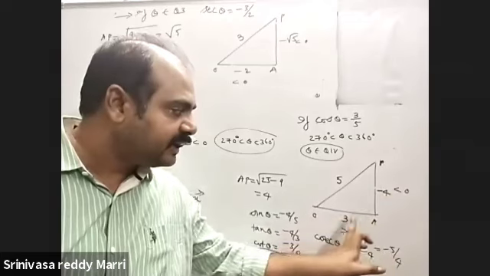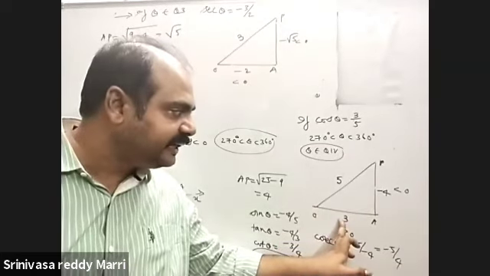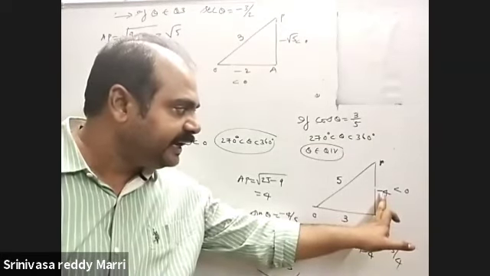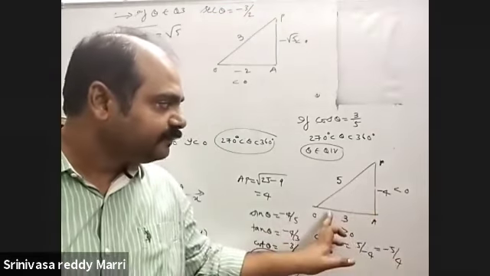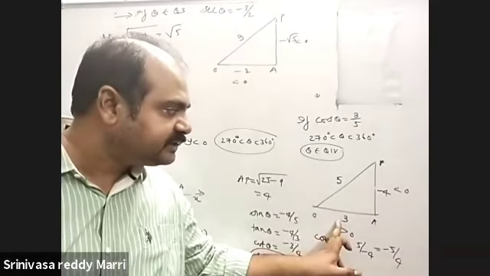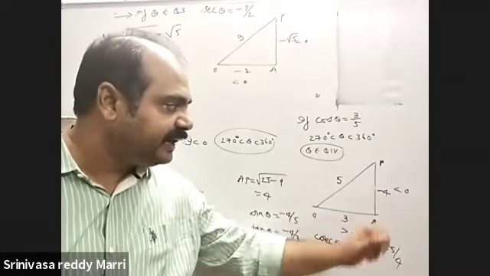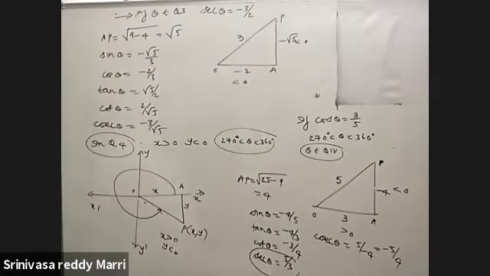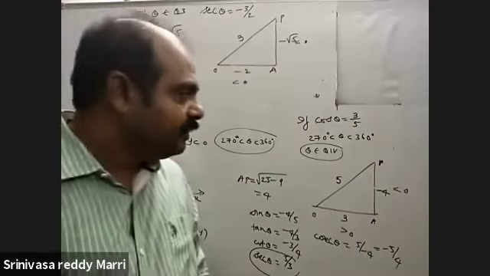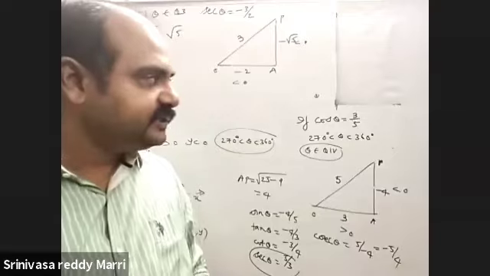In the second quadrant, X will be negative, Y will be positive. In the third quadrant, X will be negative, Y will be negative. In the fourth quadrant, X will be positive and Y will be negative. Like that, if you solve the problem, it will become very easy, with no confusion.